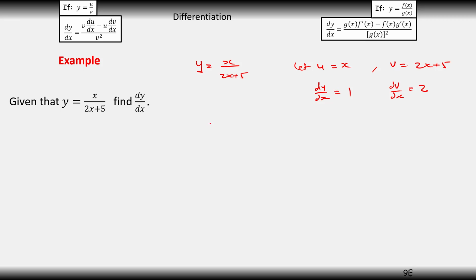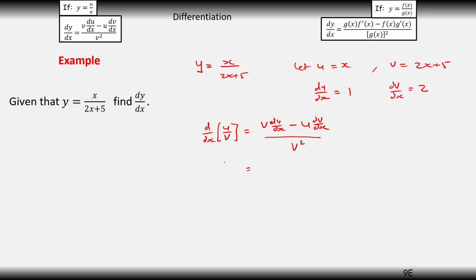And so our formula, d over dx for u over v, is given by v du over dx minus u dv over dx, all divided by v squared. So now we've got that, we can substitute for what we know.